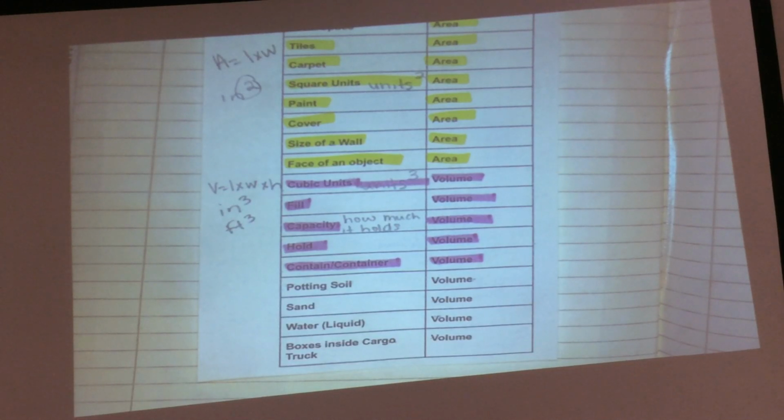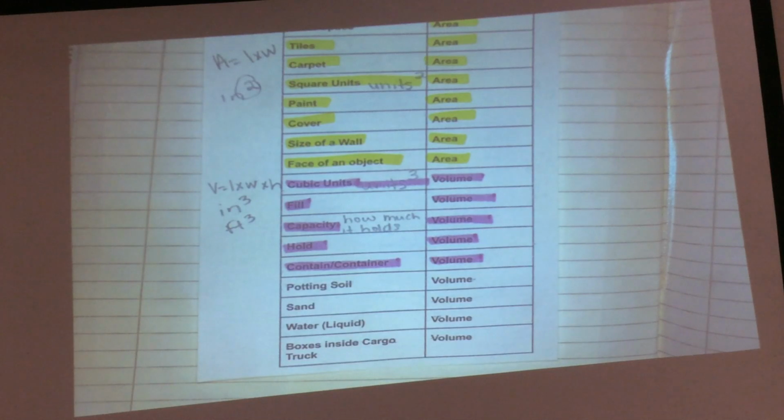Like circles. Potting soil. So, what is potting soil, guys? Something that goes in a pot. If you're filling something with potting soil, you're putting something inside of a three-dimensional figure. So if I'm finding how much potting soil I put in this box, I'm finding volume.